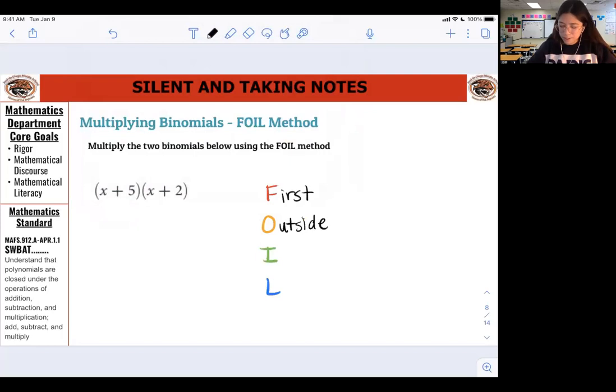I stands for inside. And L stands for last. So take a second, write it down, and we'll discuss what it means.